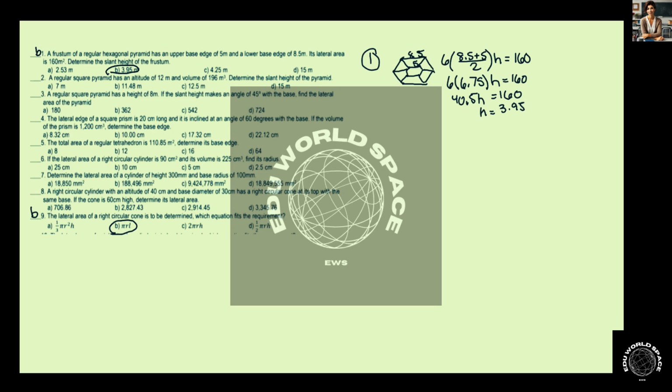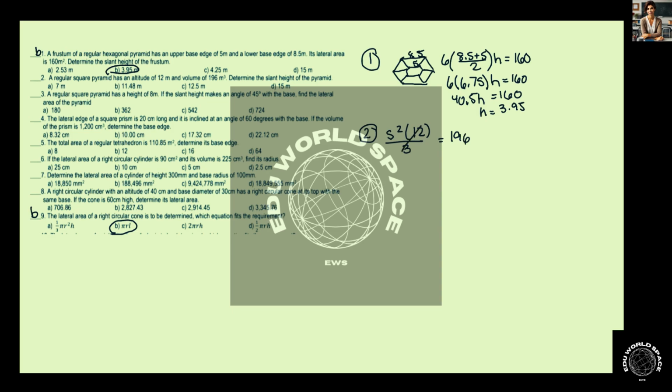Then for the regular square pyramid with an altitude of 12 meters and a volume of 196, it wanted to know what the slant height of the pyramid was. The formula is S squared times the height of 12, divided by 3, and that equals 196.